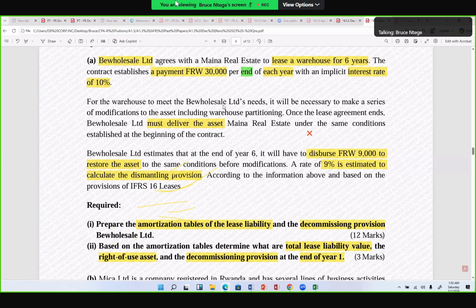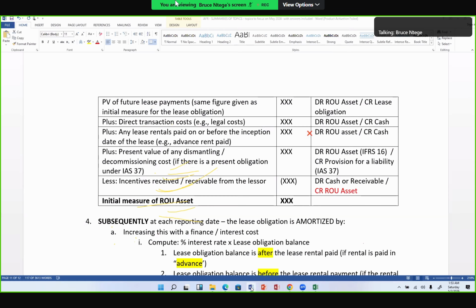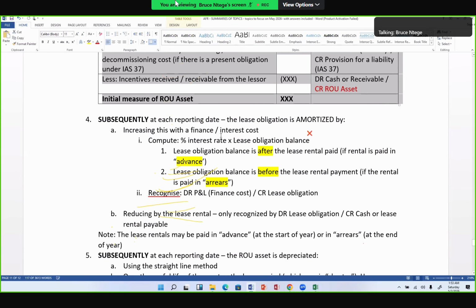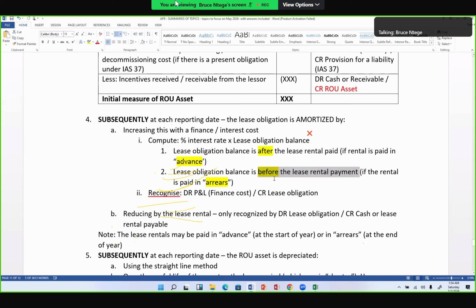Remember, we said that when you are computing the finance cost, the interest rate will be based on a lease obligation balance which is either after you've adjusted by taking off rent, or before you adjust by taking off rent. Because the rent is in arrears, I'll take the lease obligation balance before taking out the lease rental.